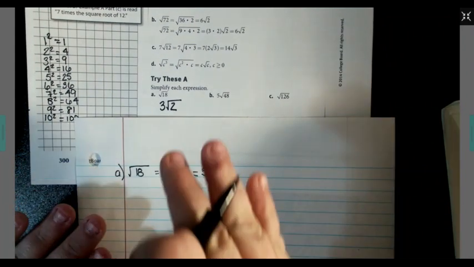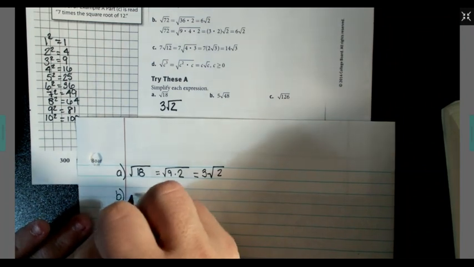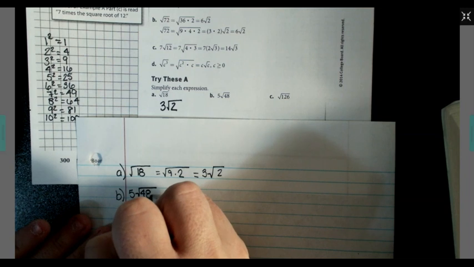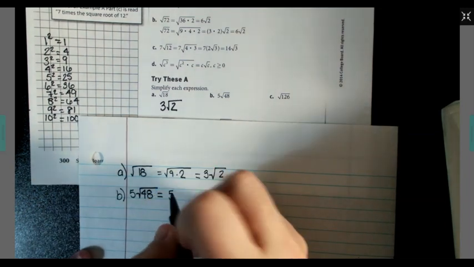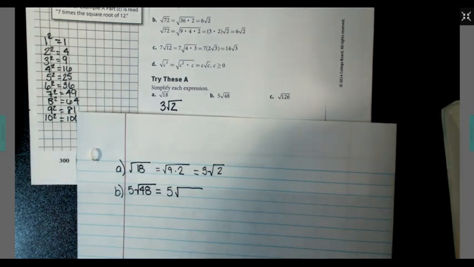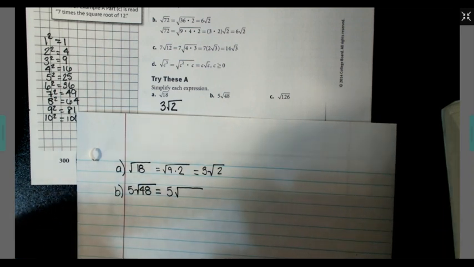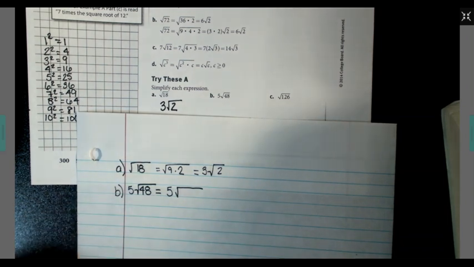Let's take a look at B. 5 square root of 48. Can I break 48 down into a number times a perfect square? Well, it's divisible by 1, obviously. It's divisible by 4. Don't think it's divisible by 9.